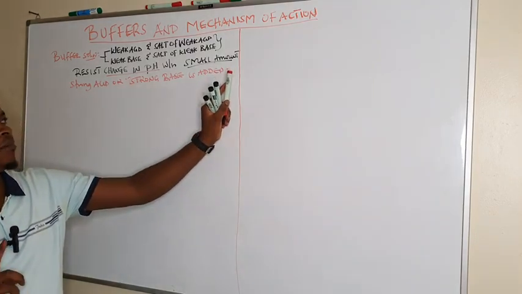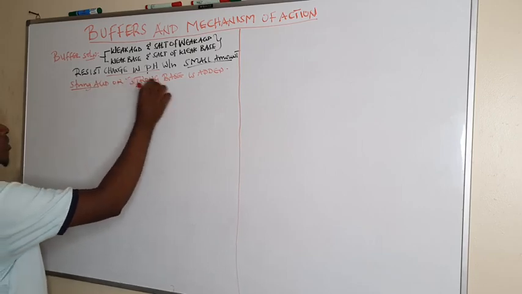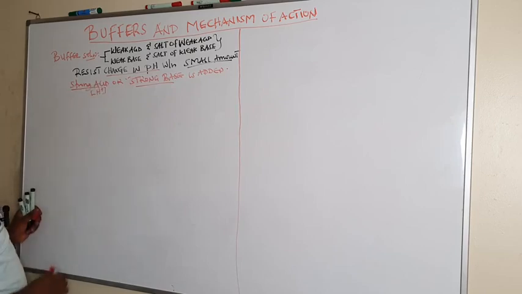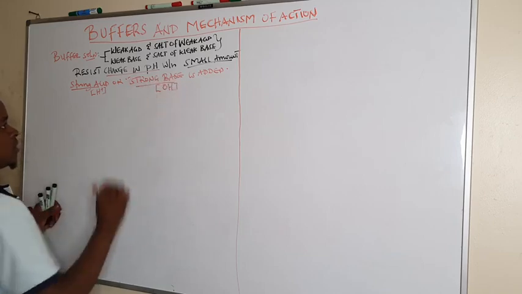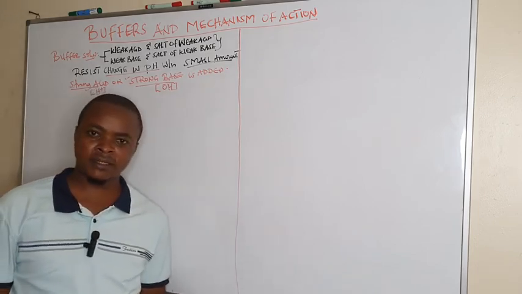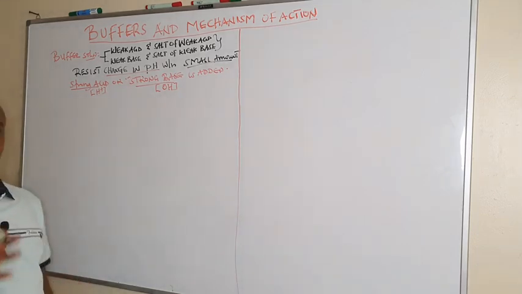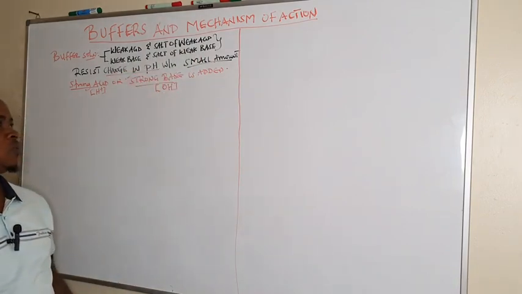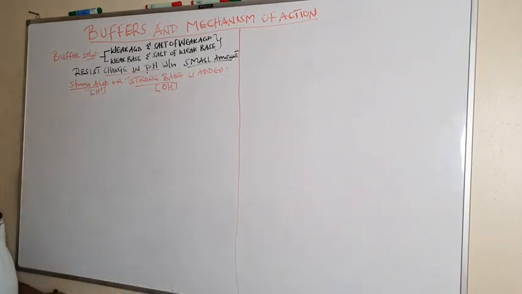But when you add small amounts of a strong acid, which is donating protons, or a strong base, which is acting as a proton acceptor by donating hydroxyl ions, it should be able to. So this is what we can define as a buffer: containing these components and able to resist the change in pH when a small amount of a strong base or a strong acid is added. So this is the buffer system.